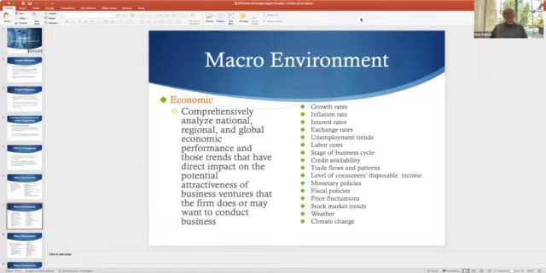Exchange rates, this would be internationally again. Is it stable? Is it highly fluctuating? What about unemployment trends that are existing? Well, we see here in the United States that there are industries that are suffering because they can't find people to work for them.